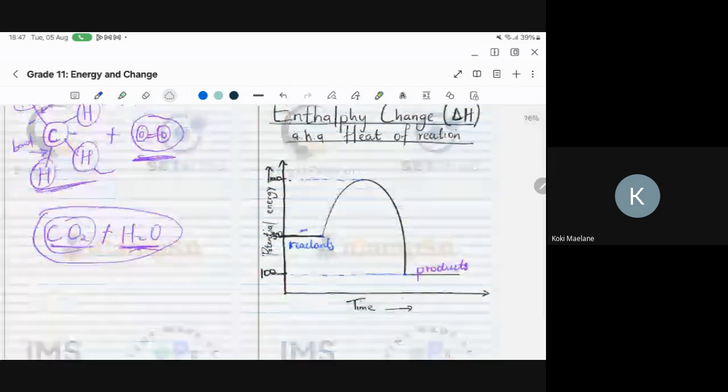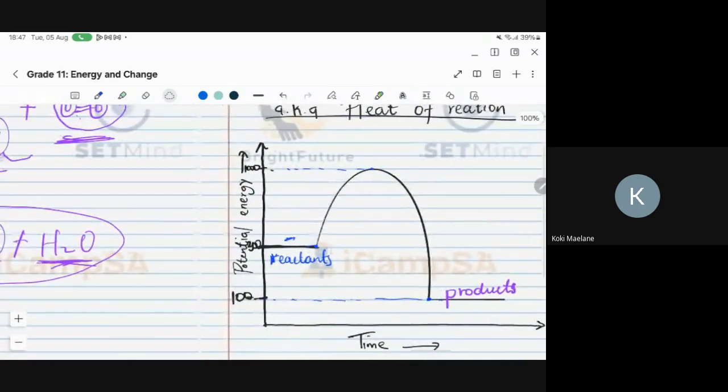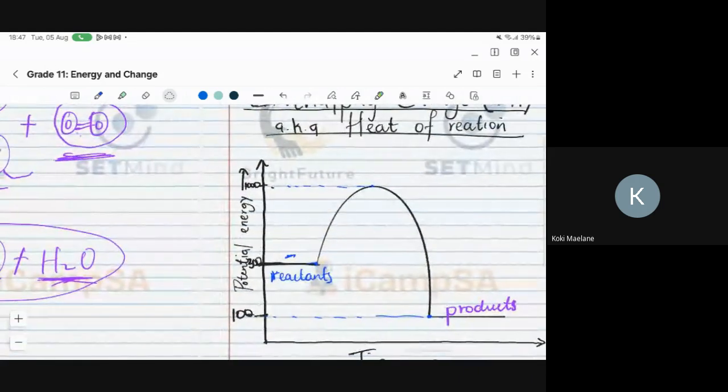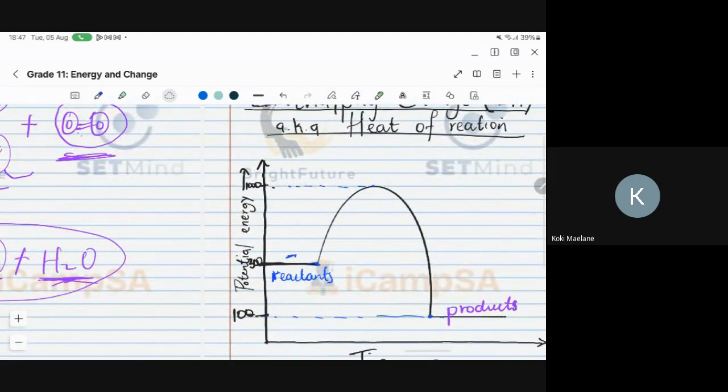Okay, let's say you have something like that. Remember, we said first things first, we have a delta H, which is our heat of reaction.